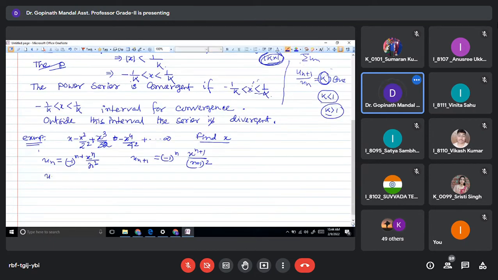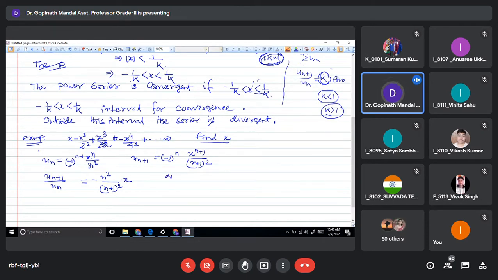So un plus 1 by un is equal to minus of n square by n plus 1 square into x.